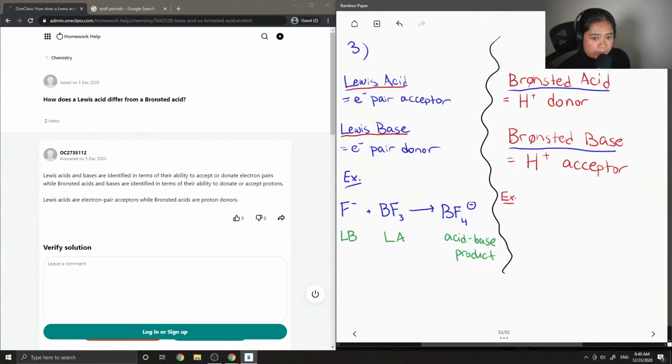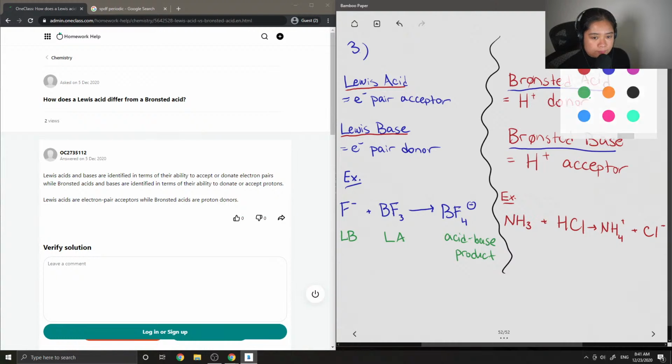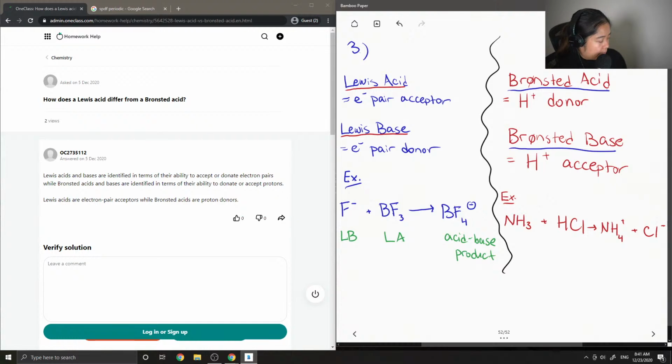But in the case of the Bronsted acid and the Bronsted base, as an example, let's say we had NH3 plus hydrochloric acid makes NH4 plus Cl minus. Okay, so we can see that the base is our NH3.